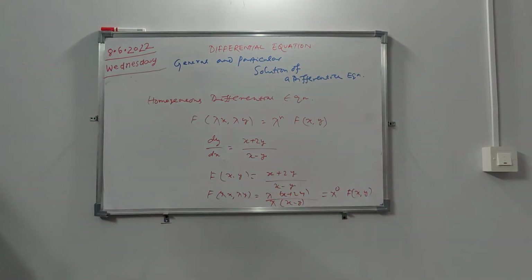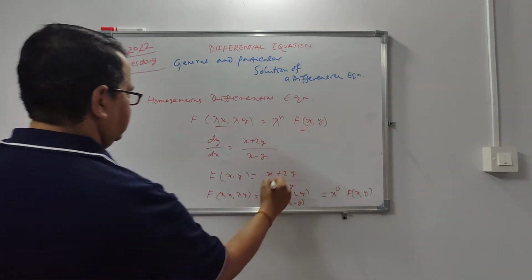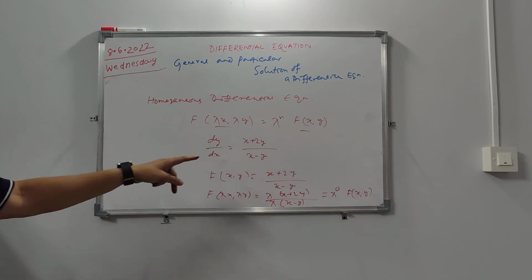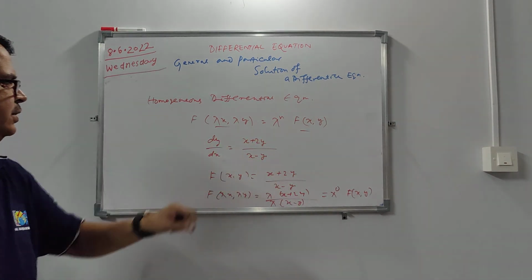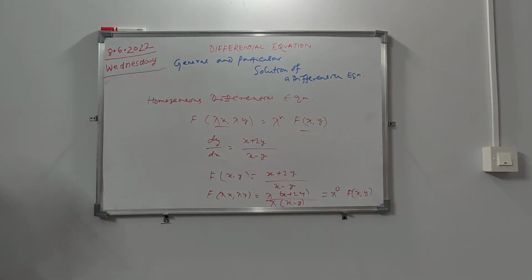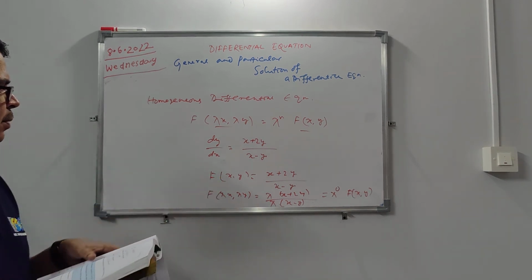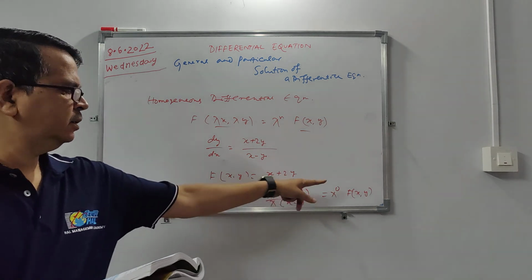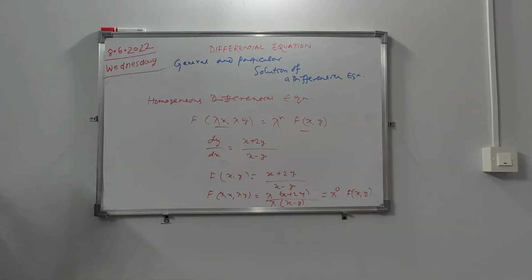So this satisfies the definition. This term is a function of x and y, and you have multiplied a lambda here, so lambda to the power 0. So f of lambda x, lambda y is lambda to the power 0 f of x y. That's why it is a homogeneous equation.